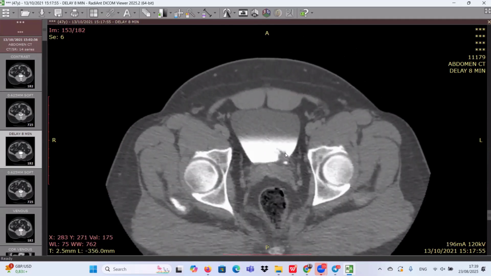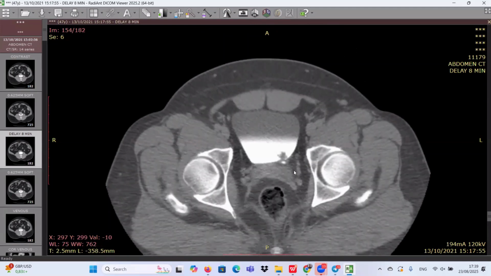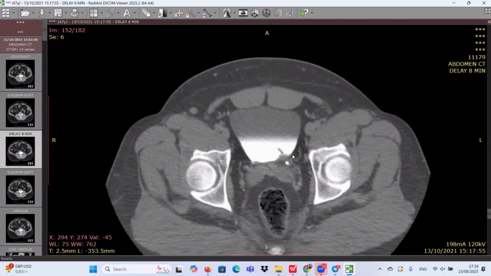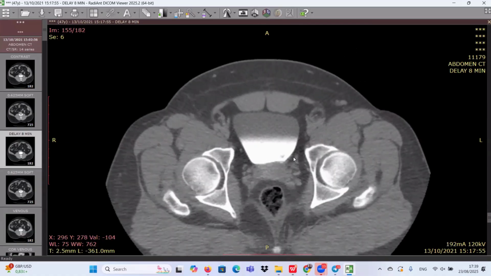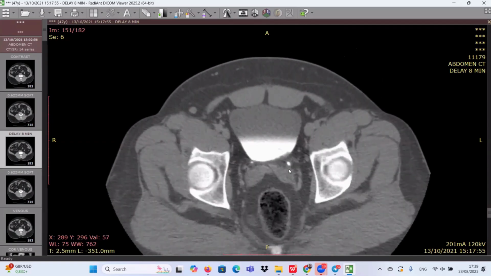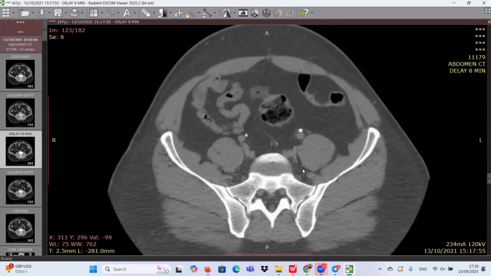And as you said, we have an endophytic polypoid mass lesion centered at the left vesico-ureteric junction. We don't have any gross extrinsic soft tissue component, and we also don't have any significant back pressure change, as you said.